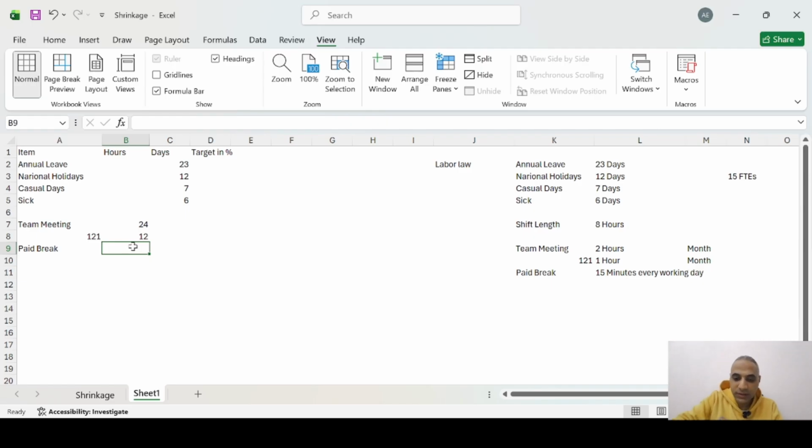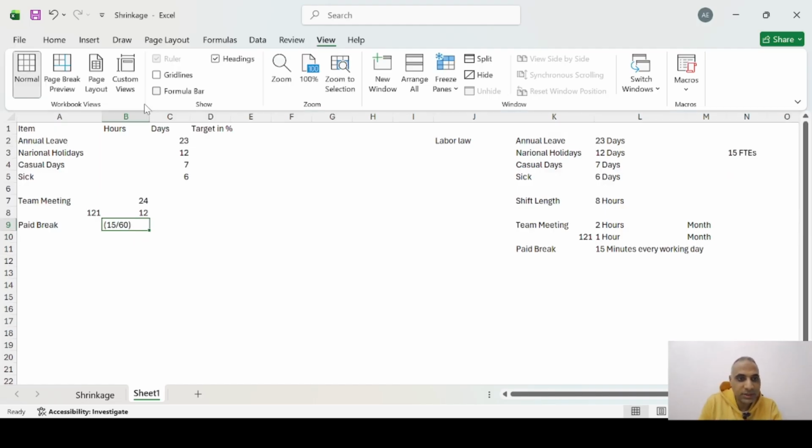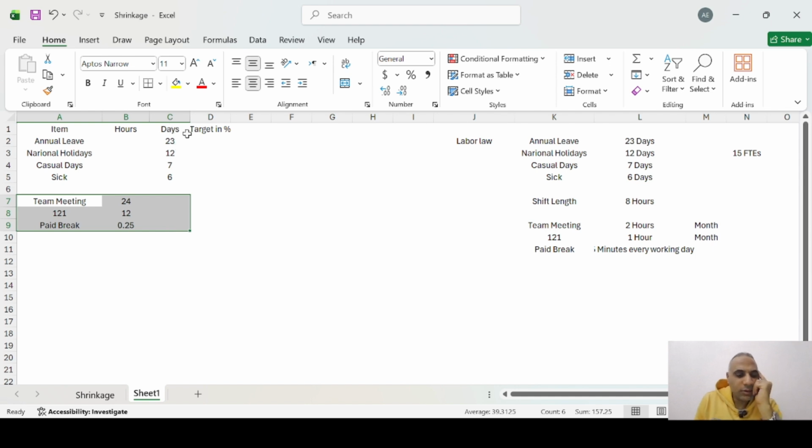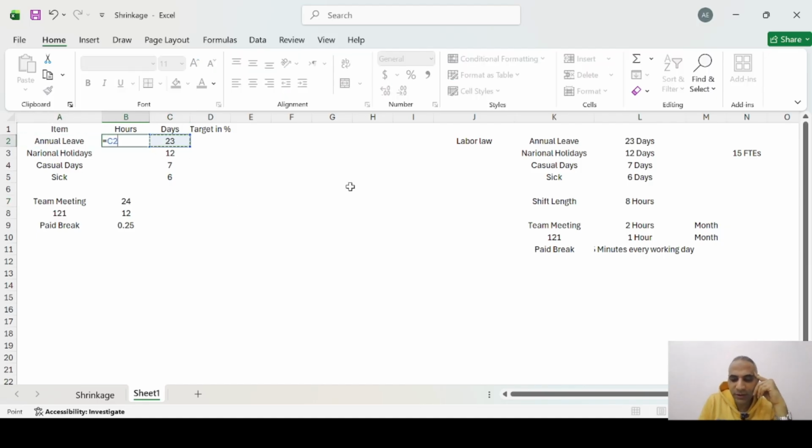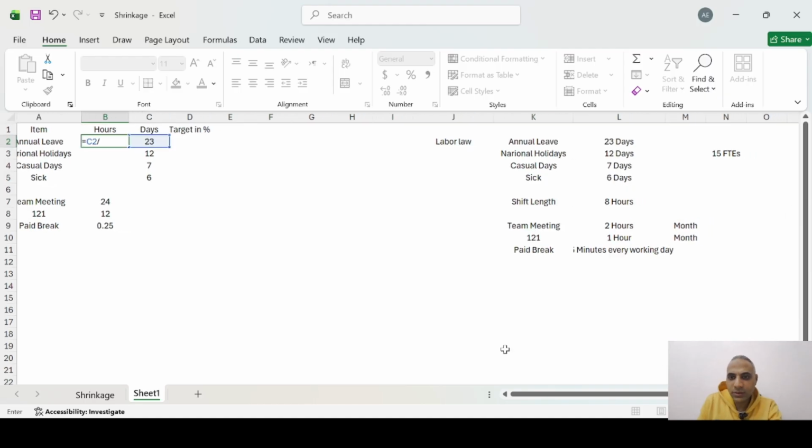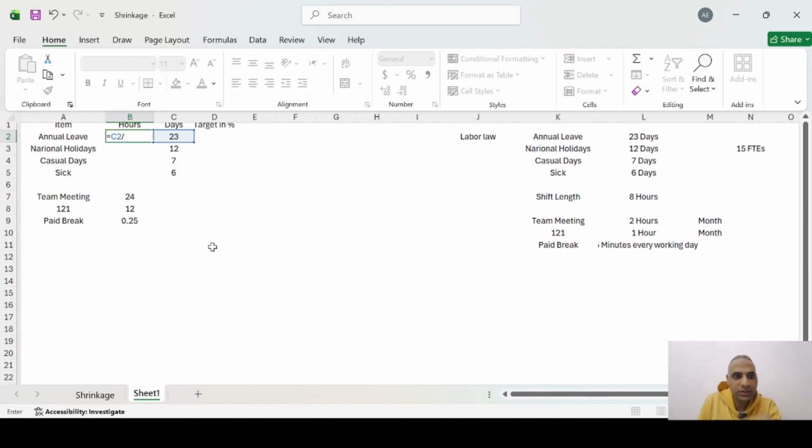And the paid break, they said that we need to have 15 minutes. So 15 divided by 60 minutes per hour, or let's keep it as is. Let's right now convert the days into hours and convert the team meetings into days. But first of all, we have annual leaves, 23 days divided by 8 hours, which is the shift length for the agent.